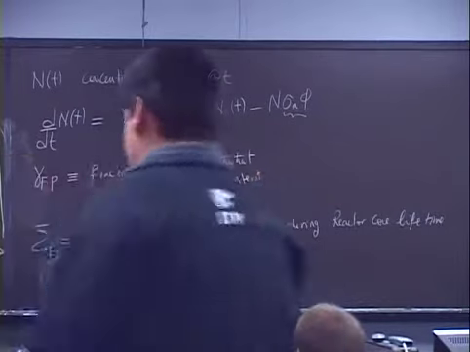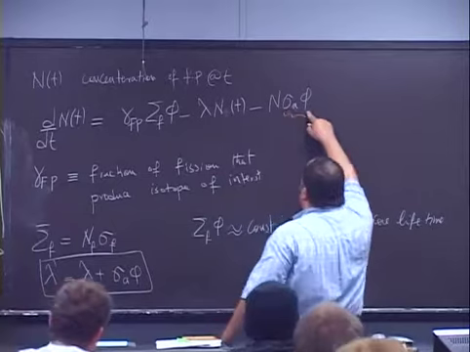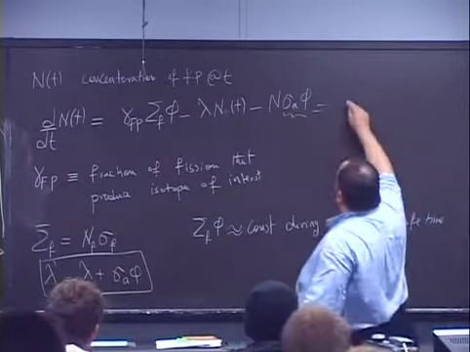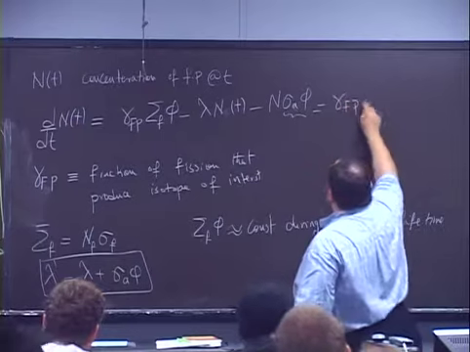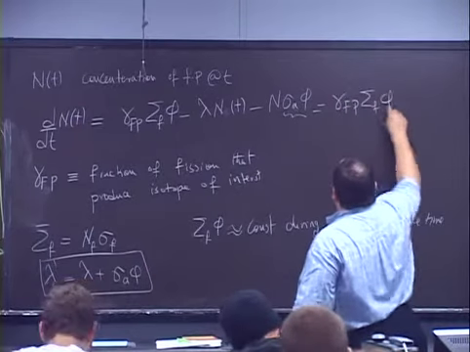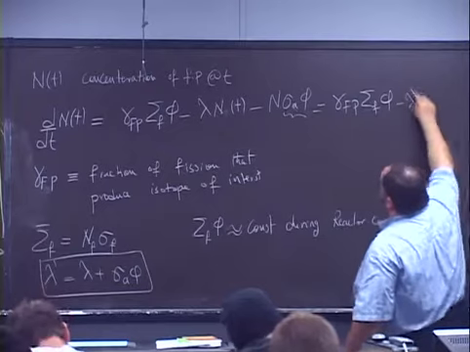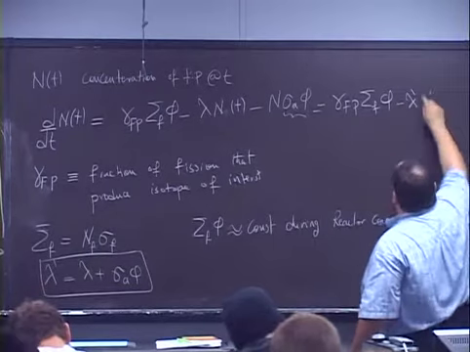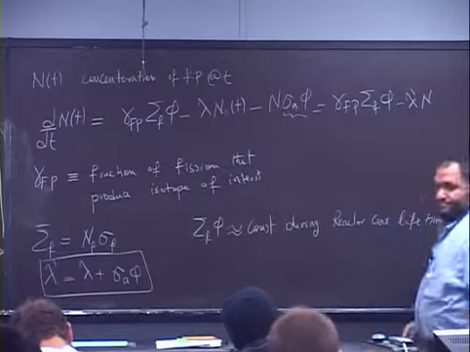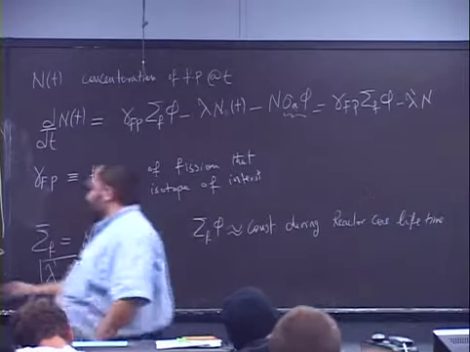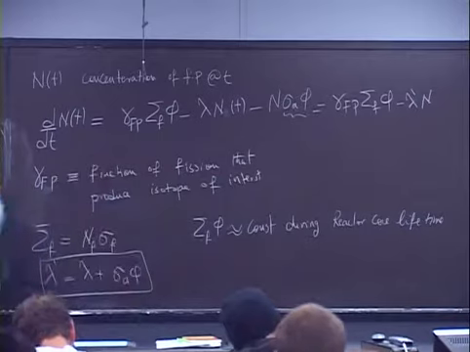And this is just the absorption cross section multiplied by the flux. So you can rewrite this as gamma FB multiplied by sigma fission phi minus lambda prime multiplied by n. Now, how to solve this equation?